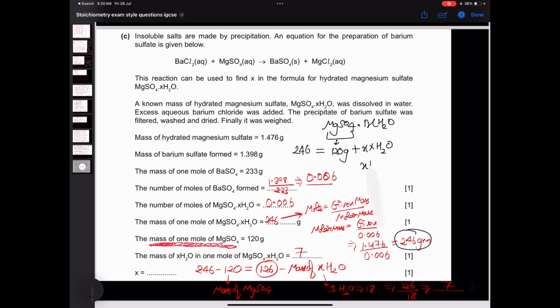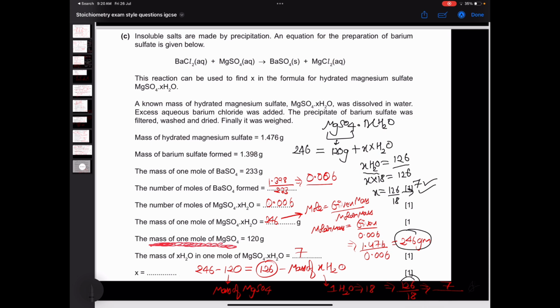So what is the mass of XH2O? XH2O then must be weighing 126. X times H2O weighs 126. Single H2O weighs 18. So you simply do X equals 126 over 18. That will get you the number 7. That's it. So 126 over 18 gave us the answer 7.